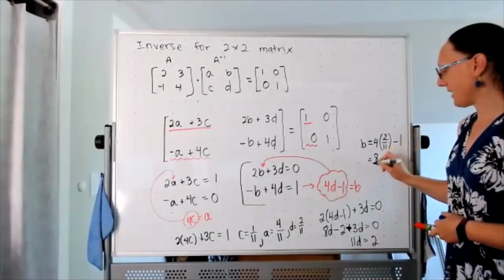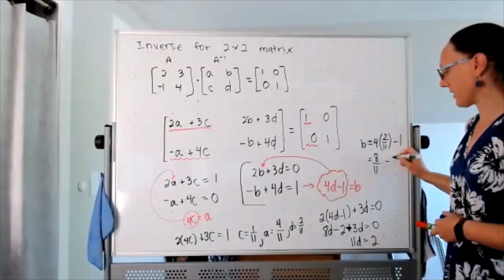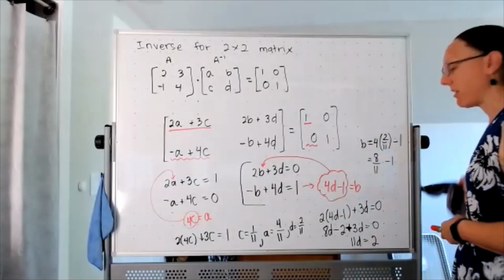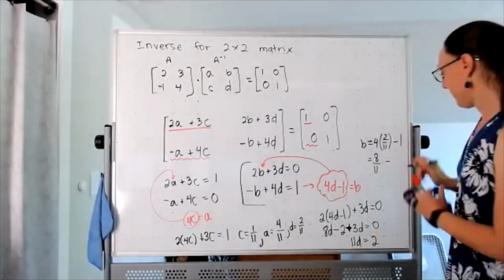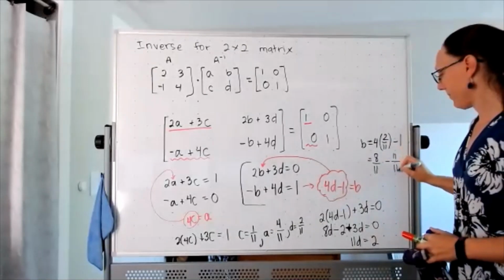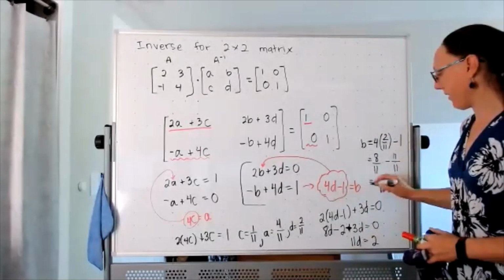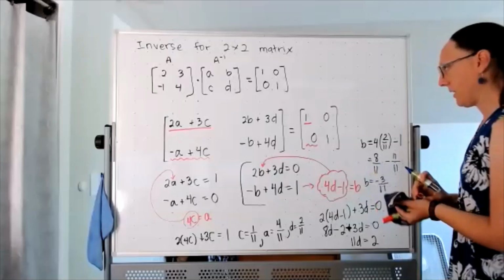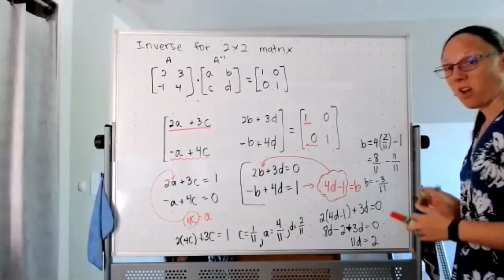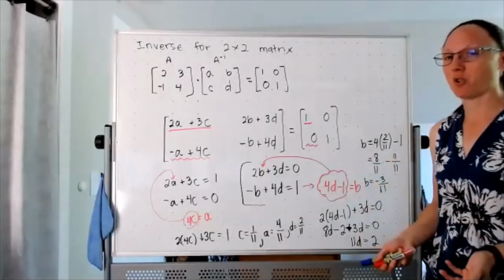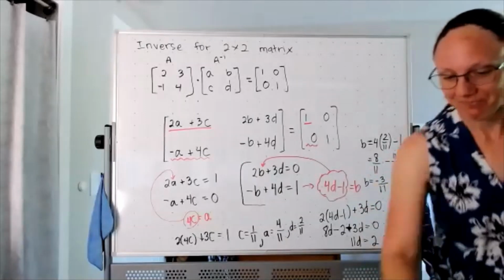So that's 8 over 11 minus 1. And I'm going to rewrite that 1 as 11 over 11. So that I get negative 3 over 11 for b. Man, that was a lot of work, but I promise it's worth it because we're going to have a shortcut momentarily.